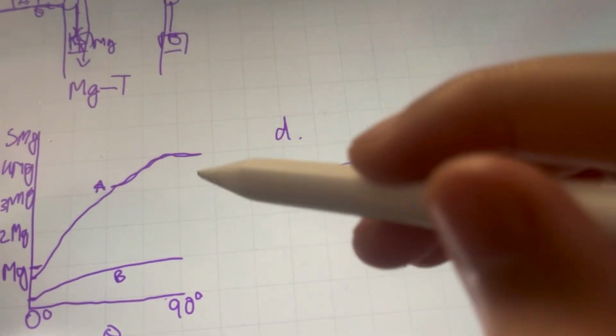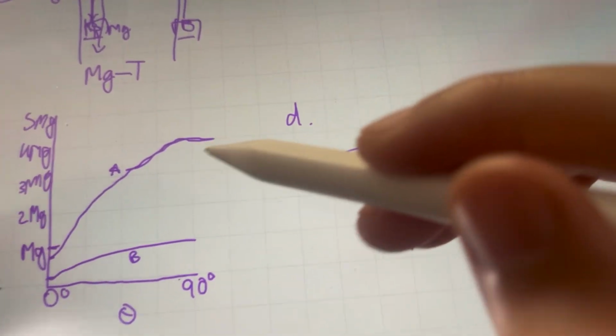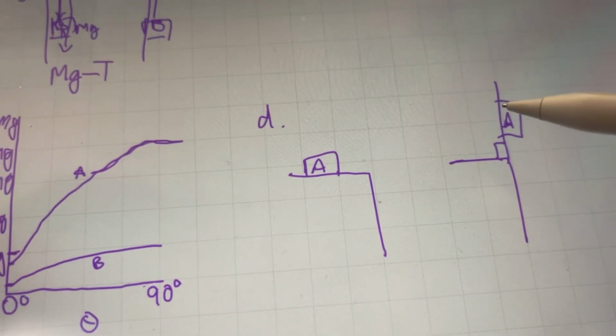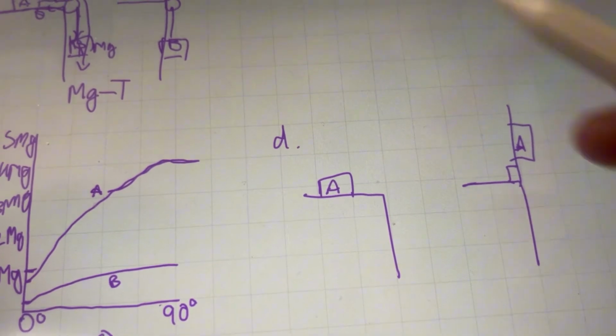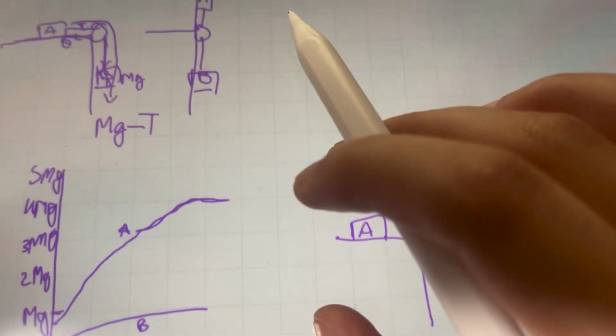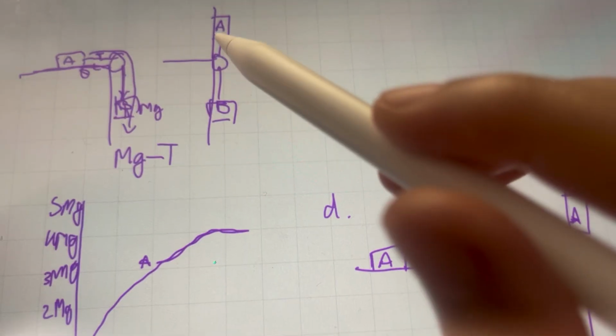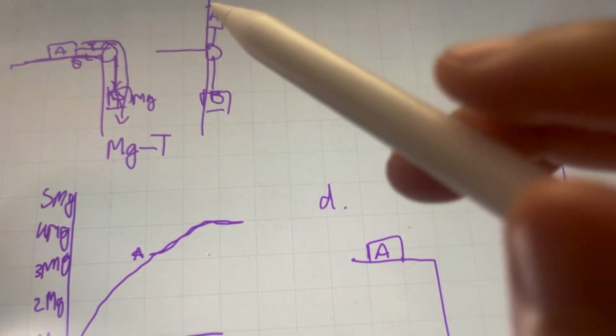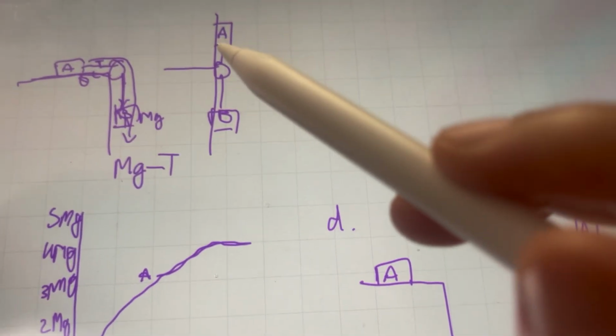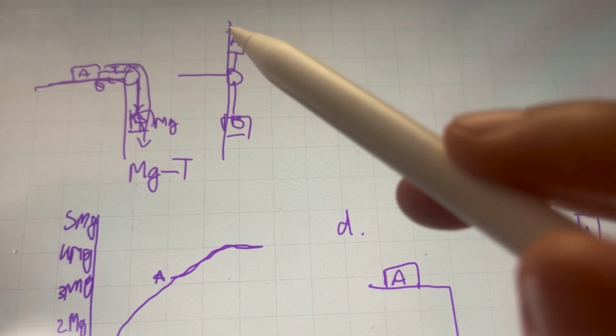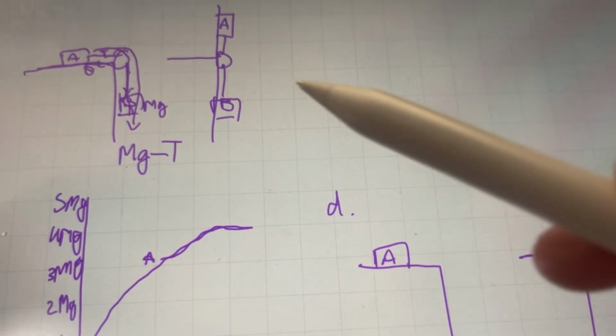So the end behavior of the graph would not change for block A, because it's literally just in free fall. There's no tension of the string pulling it downwards, even if there was a string or not.